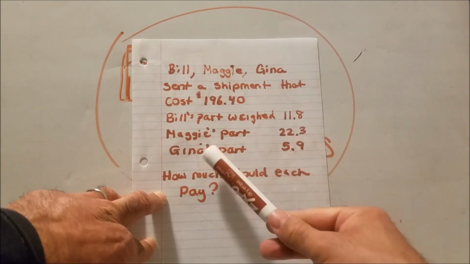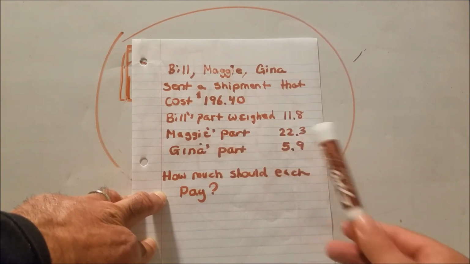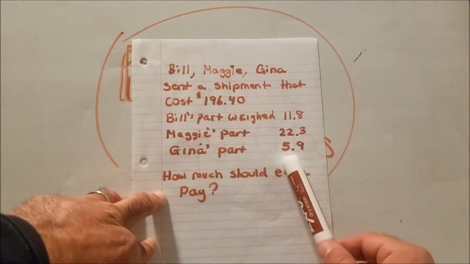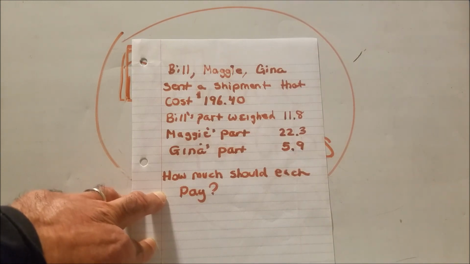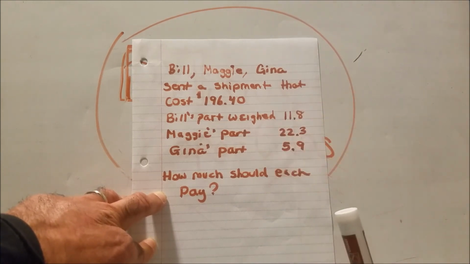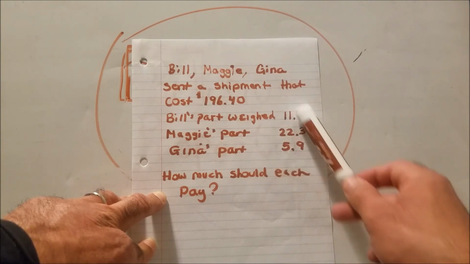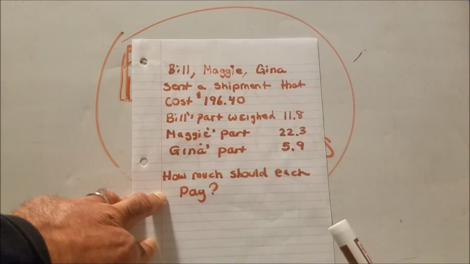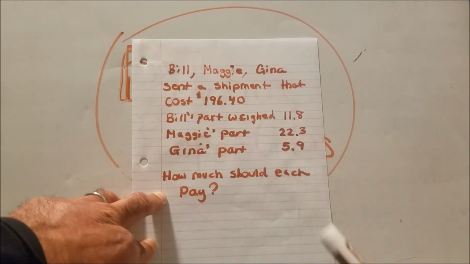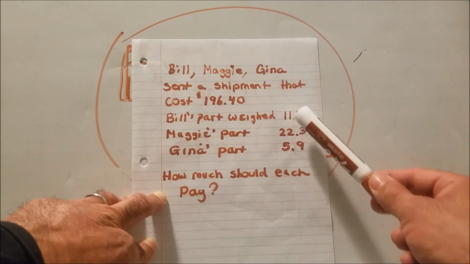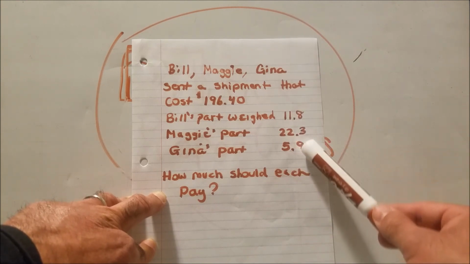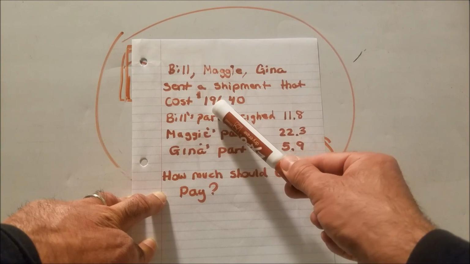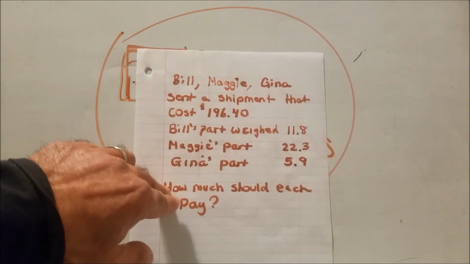Maggie's weighed 22.3 pounds. And Gina's weighed 5.9. And they put it all in one box. So how much should each pay? If they want to do this fairly, you're basing it on the weight. So again, we have our parts, our ratios, and then we have our cost. So what would you do here?